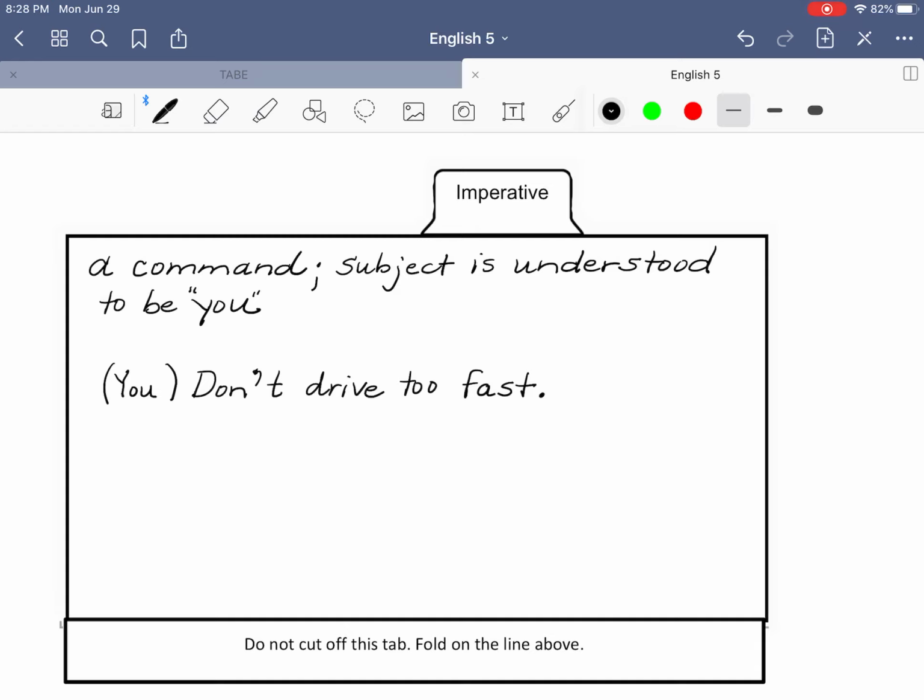Another one, even if it has the word please, that's still a command. It's imperative. Please sign the form.